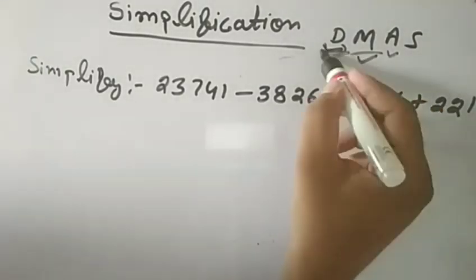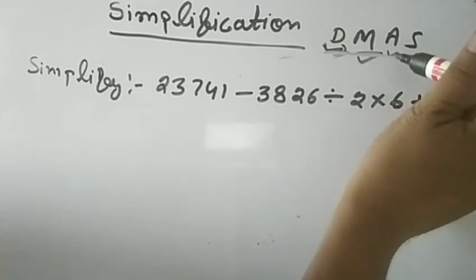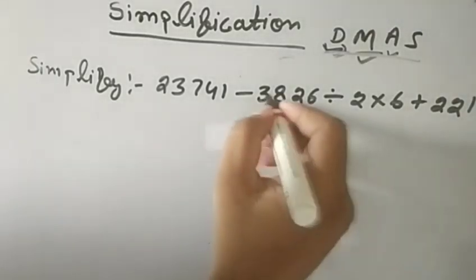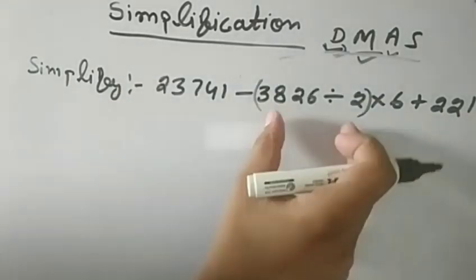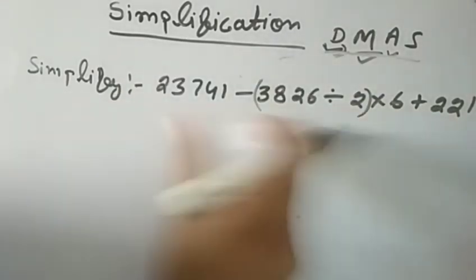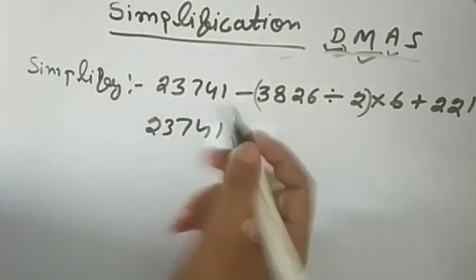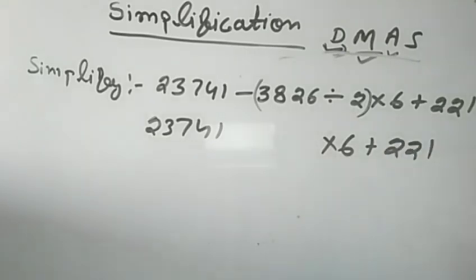We have to go by DMAS: first division, then multiplication, then addition, then subtraction. So first of all find if there is a division sign. Yes, there is a division sign between 3826 and 2. So first of all divide these two numbers and write all the other numbers as they are: 23741 as it is, into 6 as it is, plus 221 as it is. Just divide these two numbers.